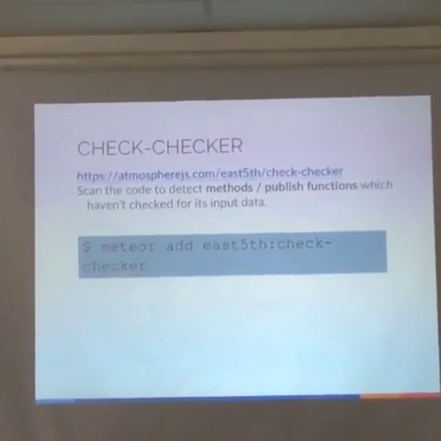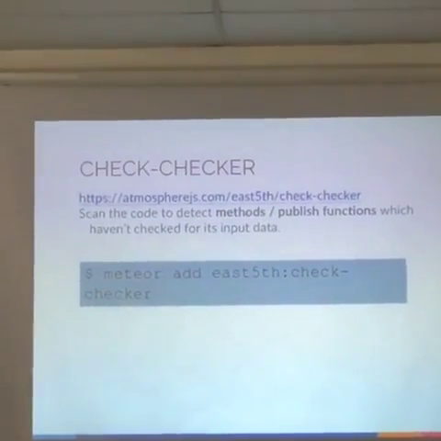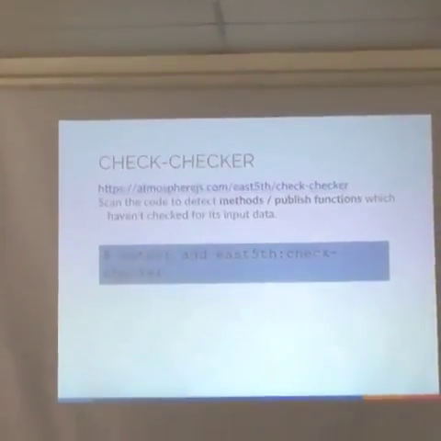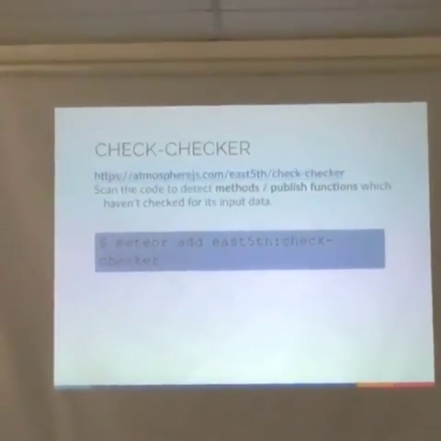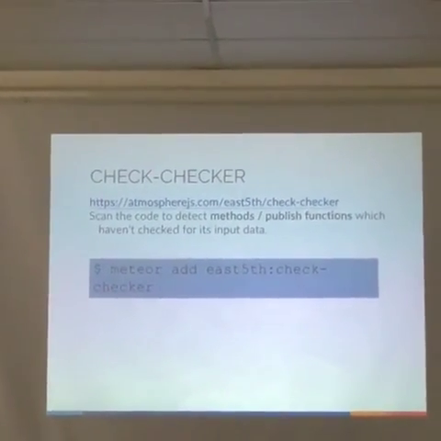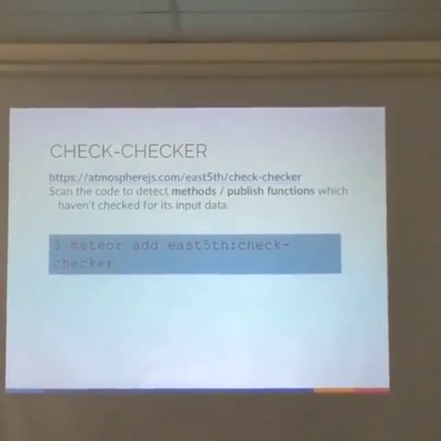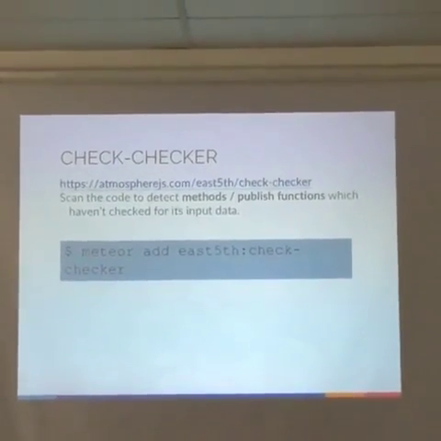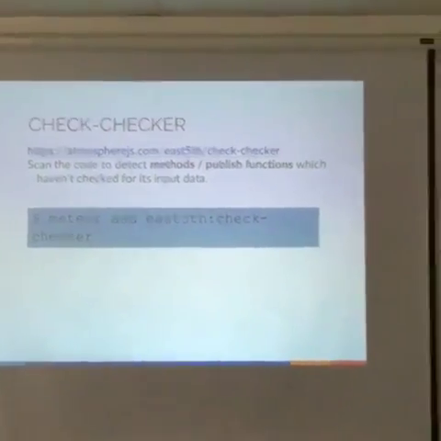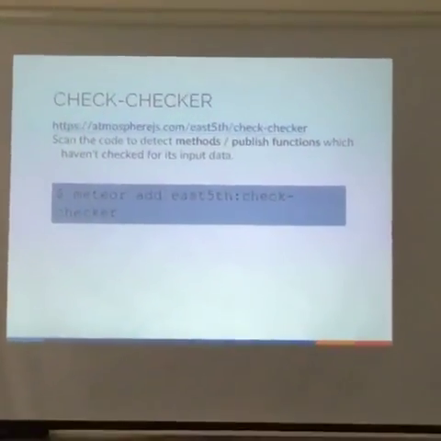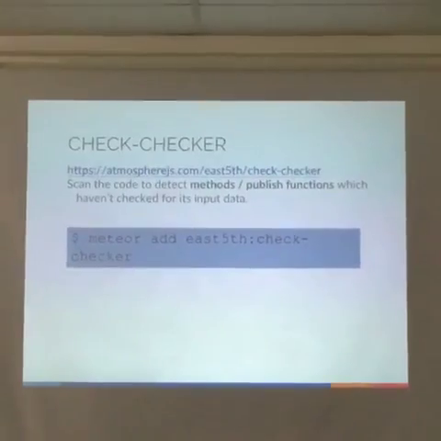But there is a case that you have so many methods and publication functions that you don't know if they are checked or not, right? Like you have about 100 methods or publication functions. That's too many. So there is also a package called check checker.